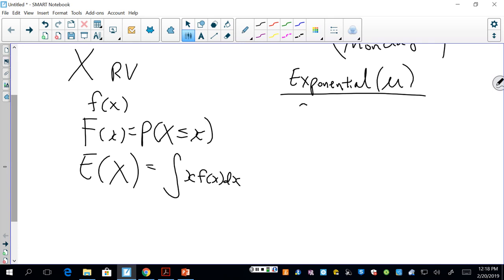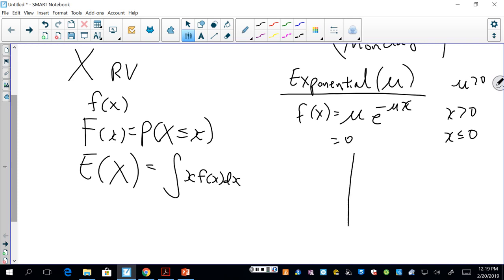It showed up in the density as mu times e to the negative mu x. Mu is a number greater than 0. This density was on the positive real numbers, and the density was 0, technically, for other places. So this graph of the probability density was a decreasing function.